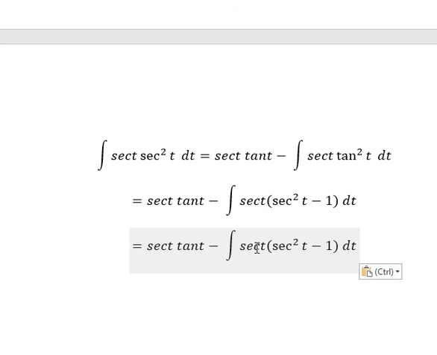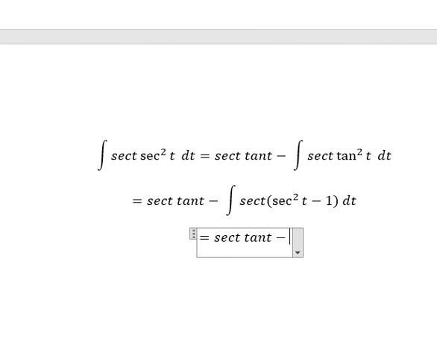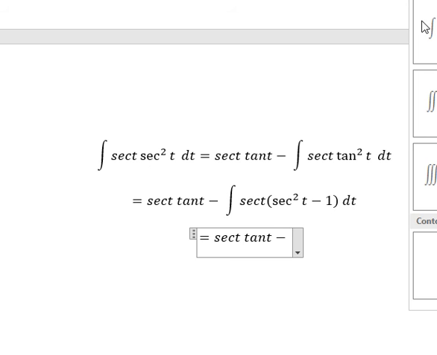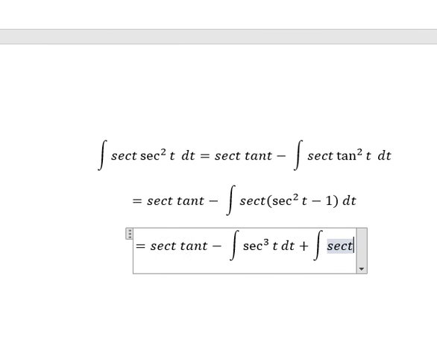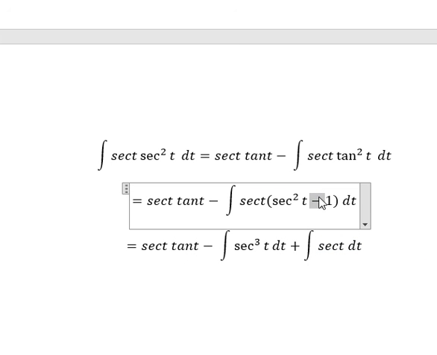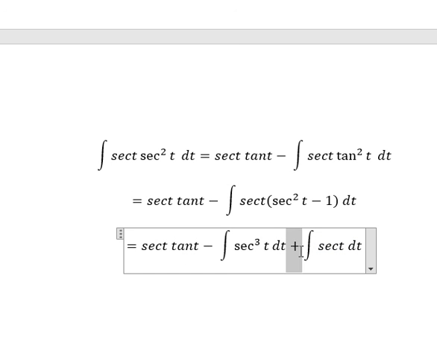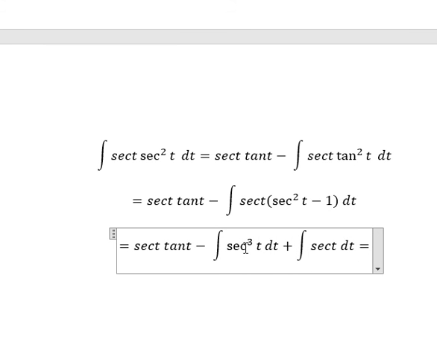And now we have secant t multiplied by secant squared t and negative number 1. So you get the integration of secant cubed t dt plus the integration of secant t dt. Because we have negative with negative, you get positive in here. And we know that everything in here equals the integration of secant cubed t.